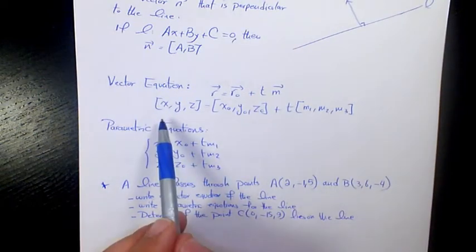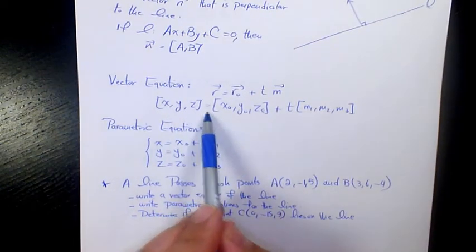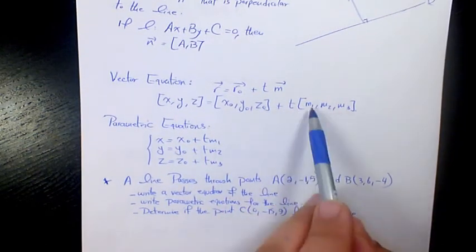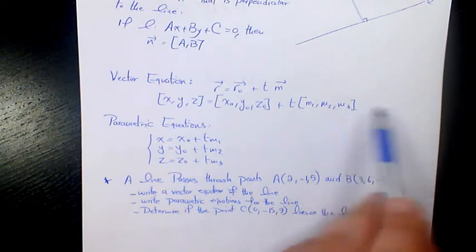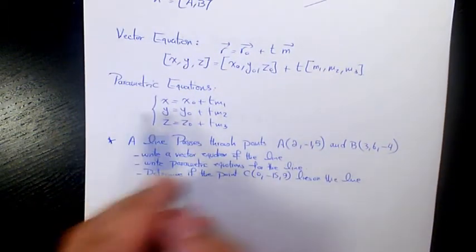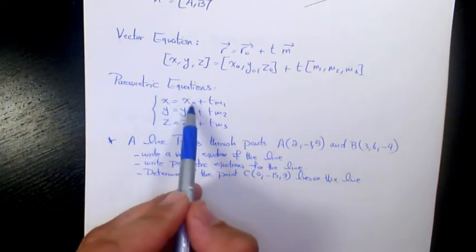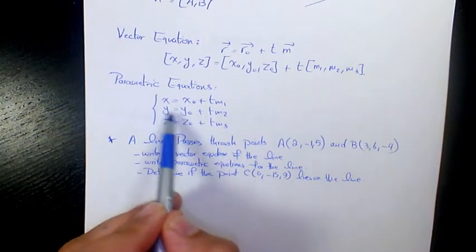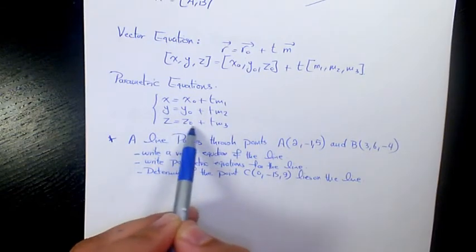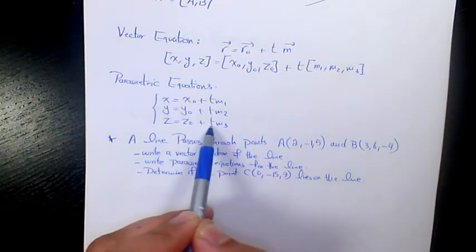If we consider 3 space, we have x, y, z equals x naught, y naught, and z naught plus t times m1, m2, m3. This is called the vector equation. If you want to write it in terms of parametric equations, x will be x naught plus tm1, y equals y naught plus tm2, z equals z naught plus tm3.